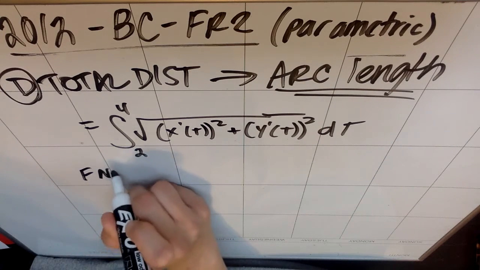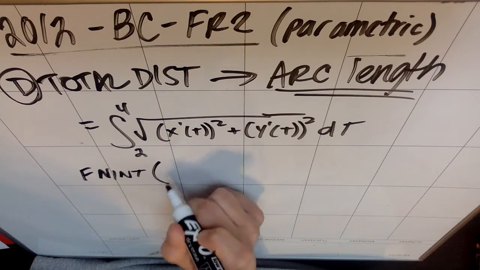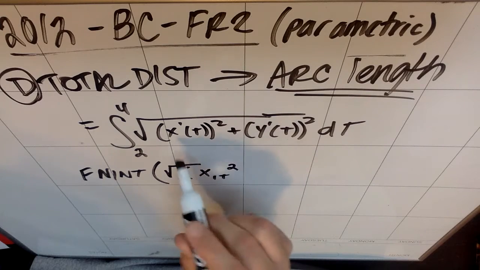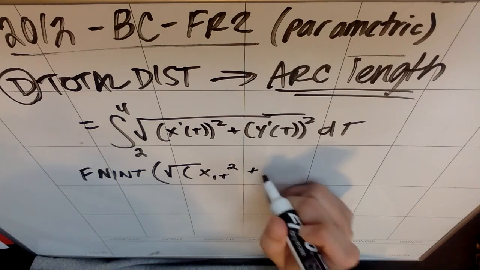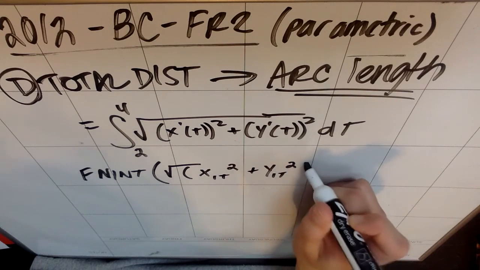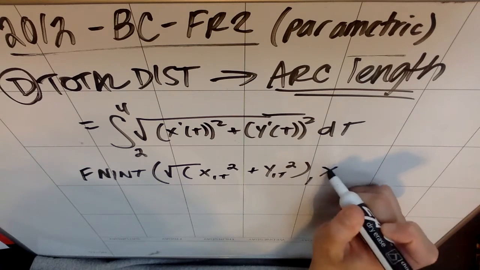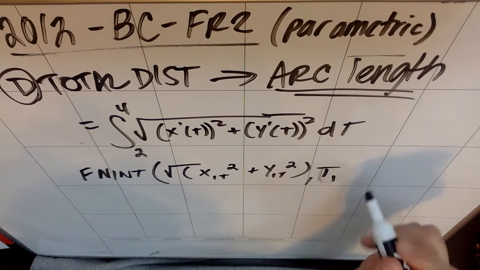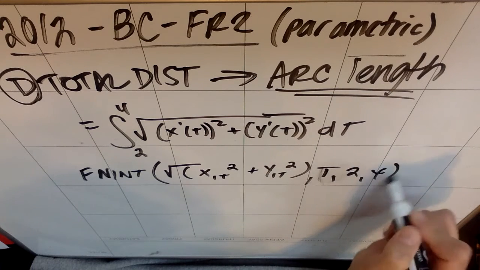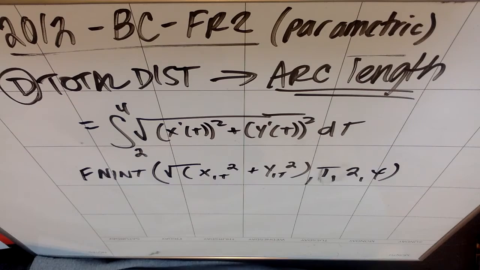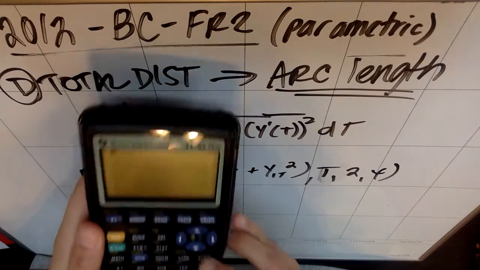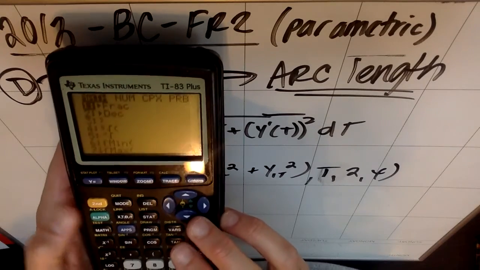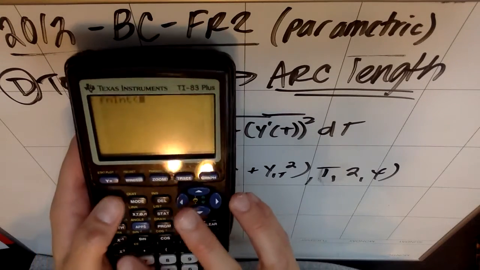So here's what I'm going to type. I'm going to press math 9, which is function integrate. I'm going to integrate the square root of x1t squared, because that's what I put in as my x1t, plus y1t quantity squared, close the parentheses, with respect to t, because sometimes I get on autopilot, from 2 to 4. So just to show you what that looks like, I'm going to press math 9, square root of.